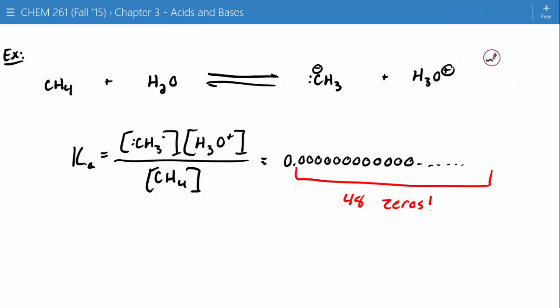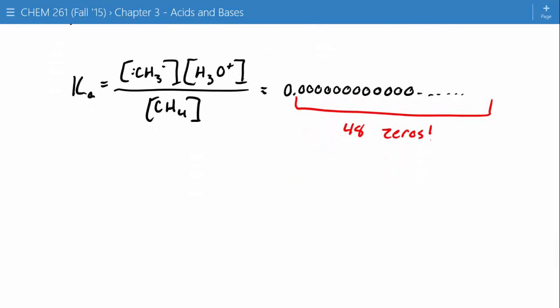Does anybody remember pKa's? Oh, yeah, pKa's. So chemists use pKa's.